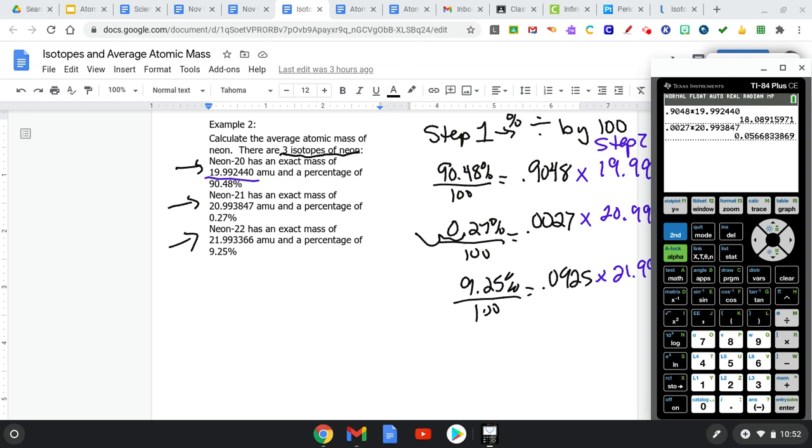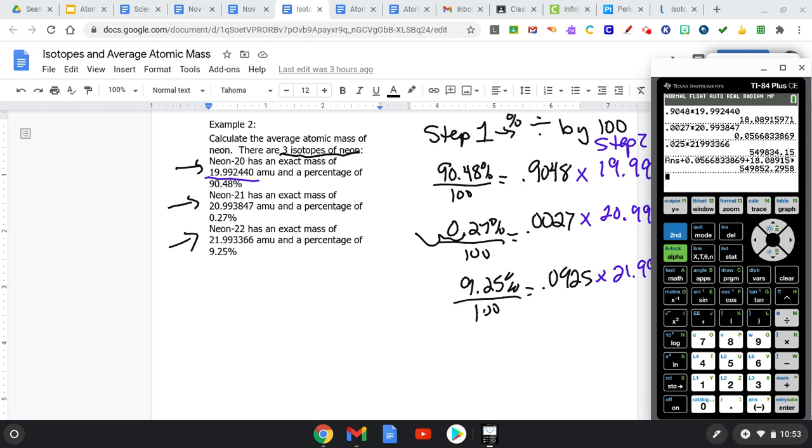The last one, I'm going to take 0.0925 times 21.993366. Okay, and so now I'm going to add all of these together. So I'm going to say plus, plus, enter. Something happened wrong there. What happened? Oh, I see what happened.